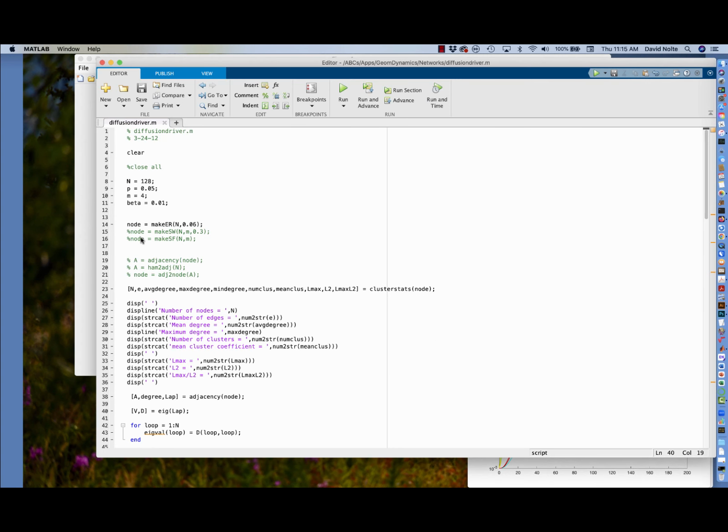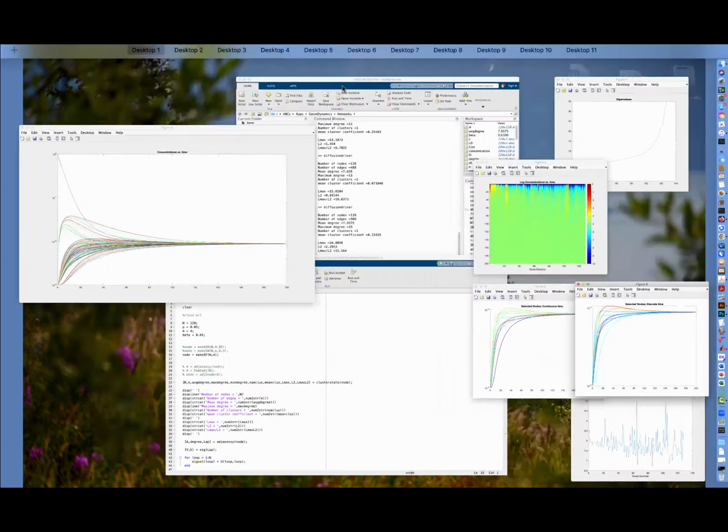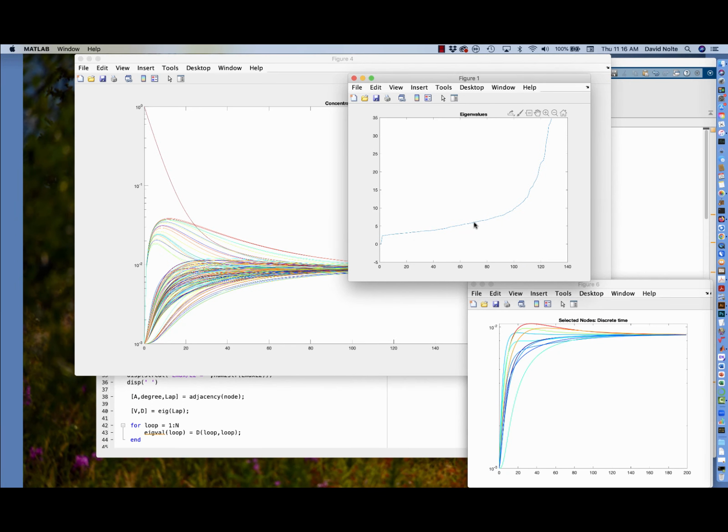So let's go back and look at the scale free. Looking at the scale free eigenvalue spectrum, you see it's somewhat flat and then zooms up. So it's not just the maximum eigenvalue. There are also a lot of eigenvalues that are fairly low, and so while it is ultimately faster, it wasn't 3 times faster than the small world, let's say, which is what you would expect if you just went off of the maximum here, in this case 34.